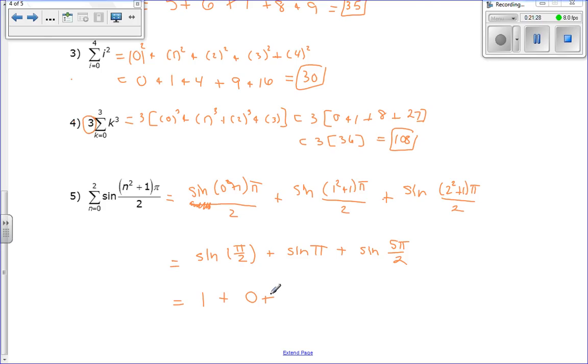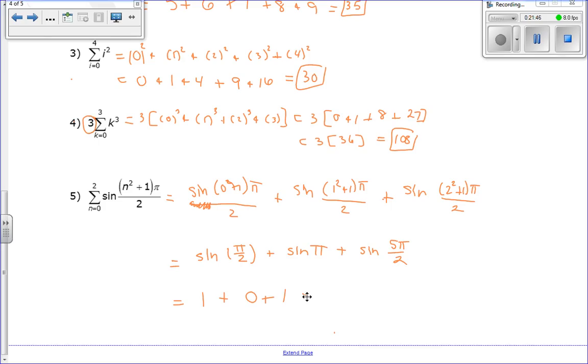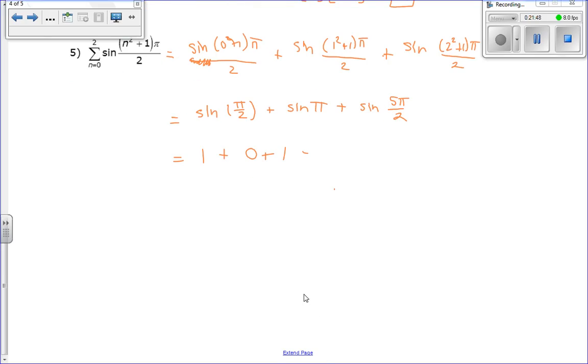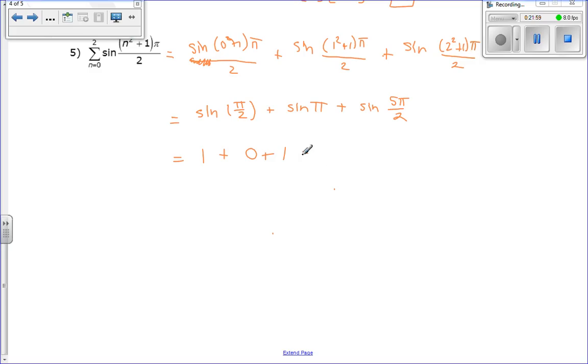But here I have 5 pi over 2, which would be similar to 90. If we keep going around, it's equivalent to 90. And 1 plus 1 equals 2. And I add them up.